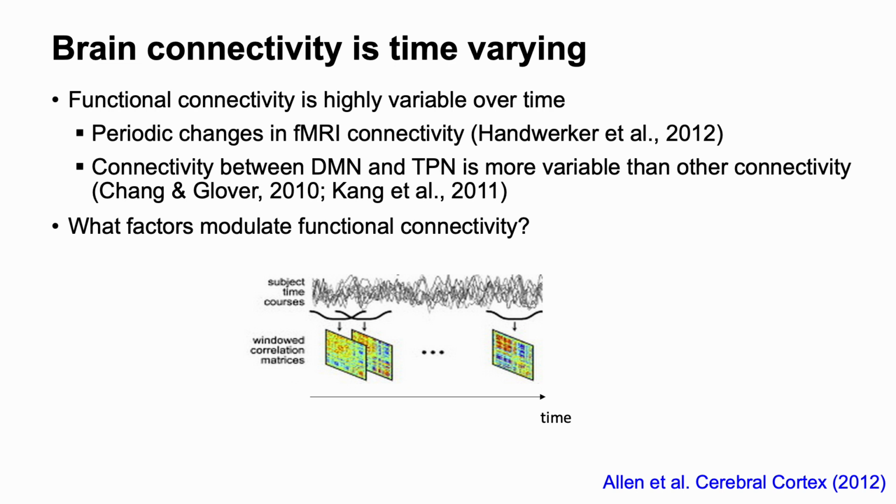Daniel Handwerker and others have suggested that some of these variations could simply be explained by periodic changes like respiration signal and so on. Elena Allen from Vince Calhoun's group has used a correlation matrix structure and principal component analysis to show that there are 7 states, if you will, to look at these data during resting state.